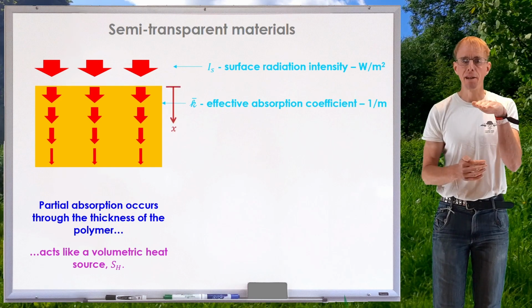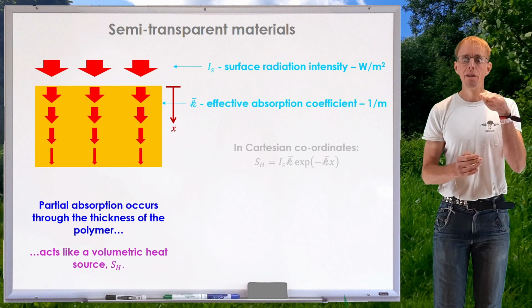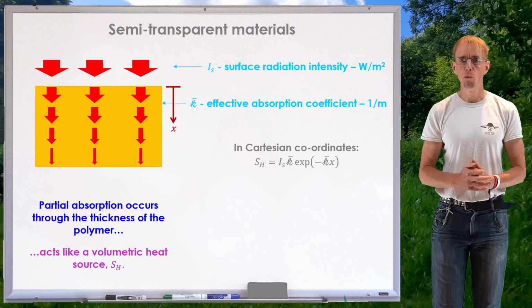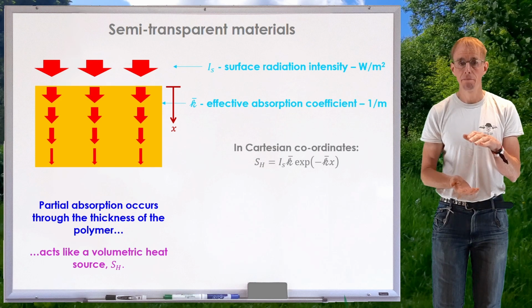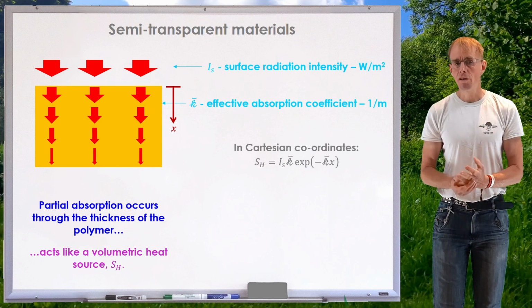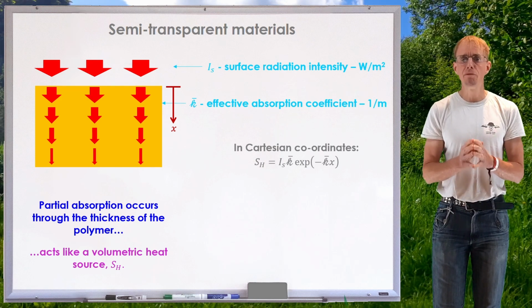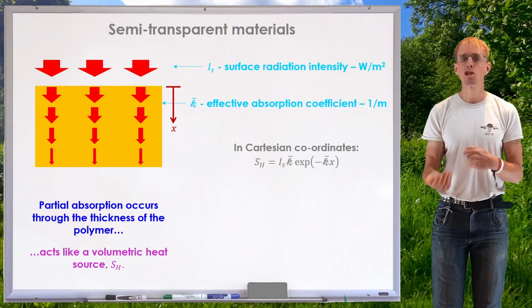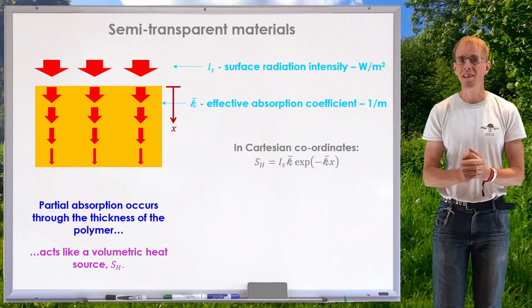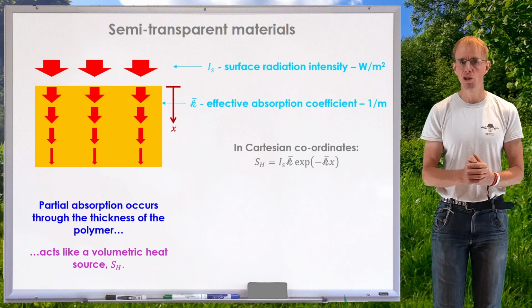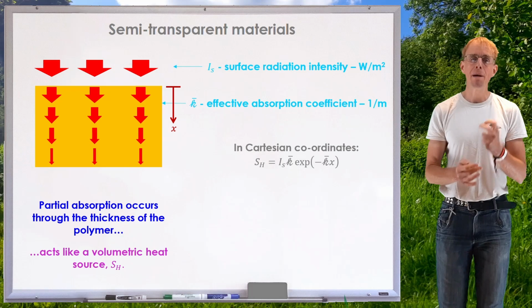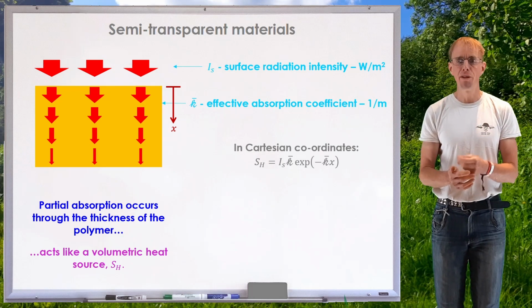And the further I get through my polymer, the more I will find energy is absorbed because it's a greater thickness. So, in terms of Cartesian coordinates, what we can do is evaluate my volumetric energy source term, S sub h, as a function of both the surface radiation intensity and the effective absorption coefficient. And it's an exponential function, as I've shown there on the board, with a dependence on the thickness of the film.